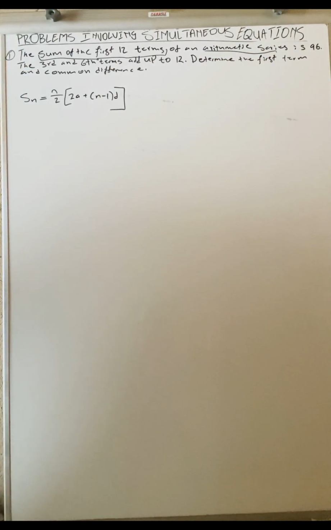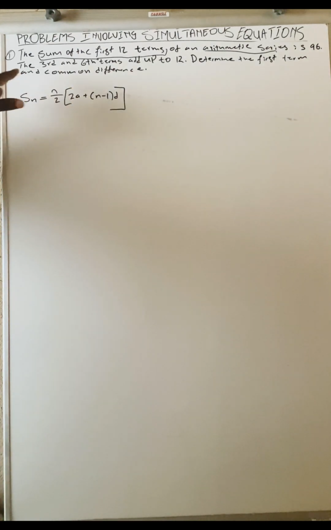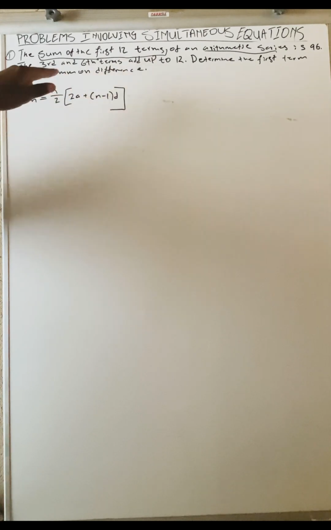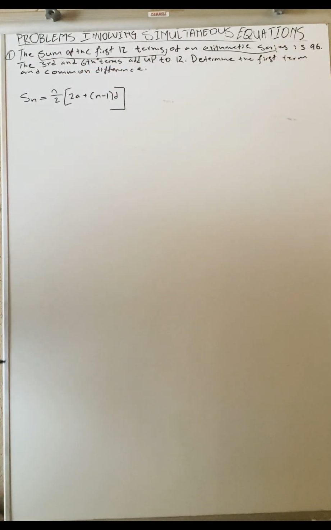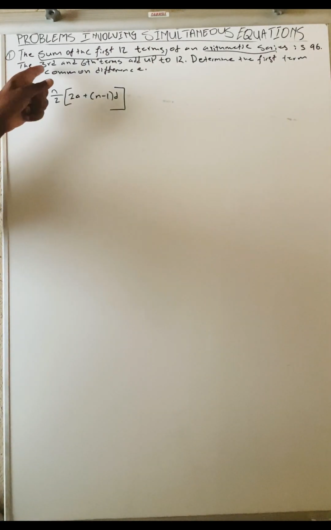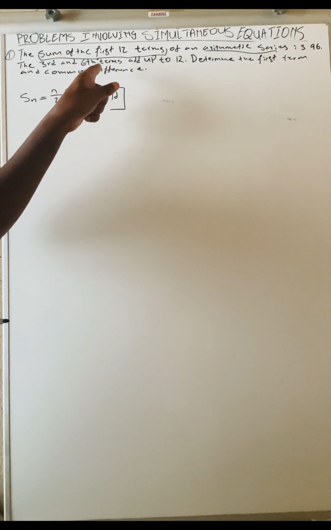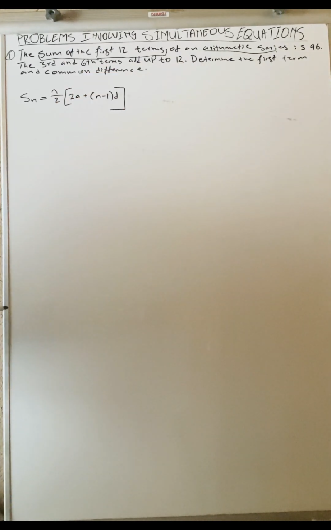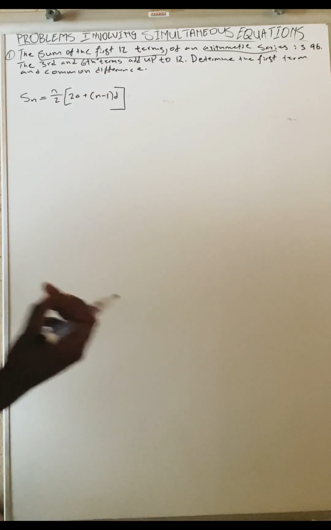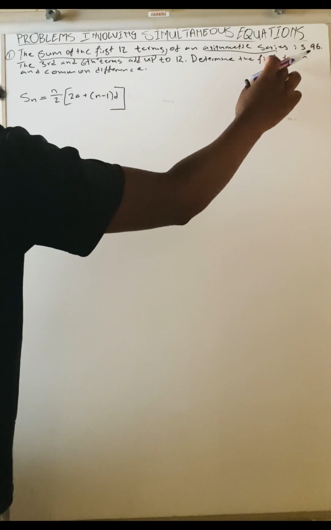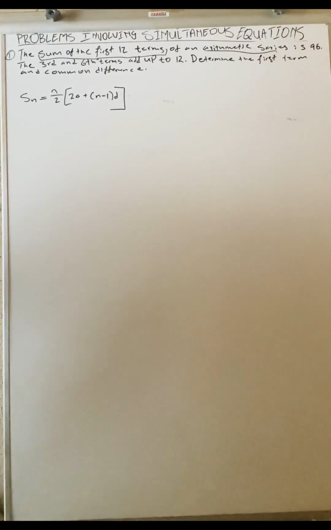Then as the question continues, it said the third and the sixth term add up to 12. It means the combination of T3 and T6 gives us 12. Then the question continues, say determine the first term and common difference.